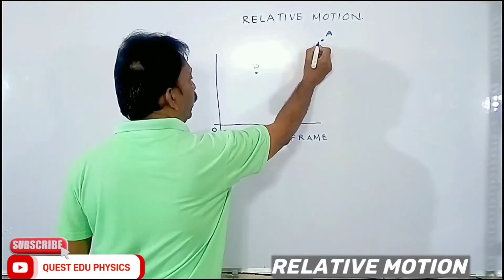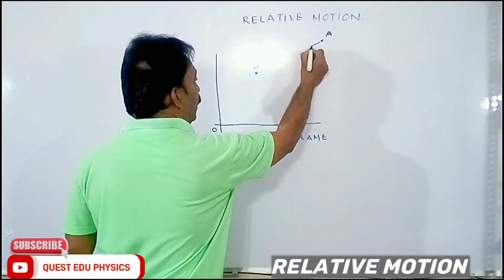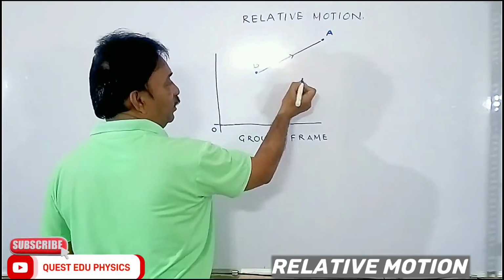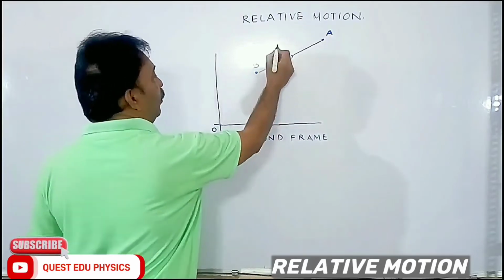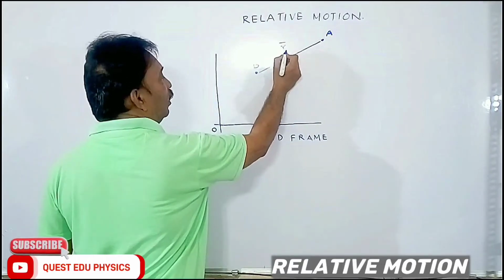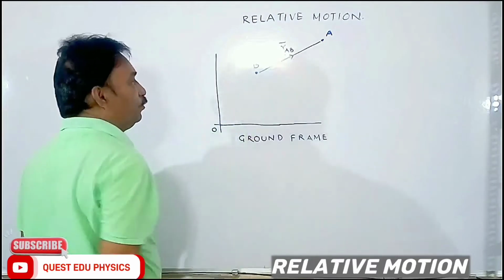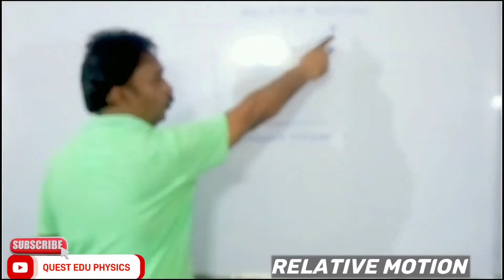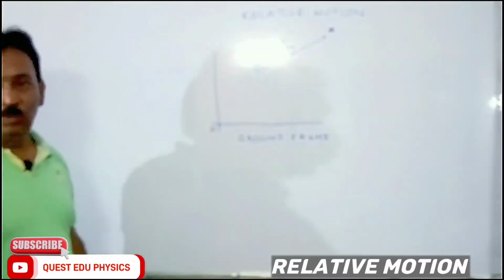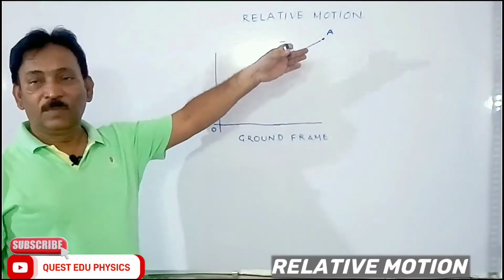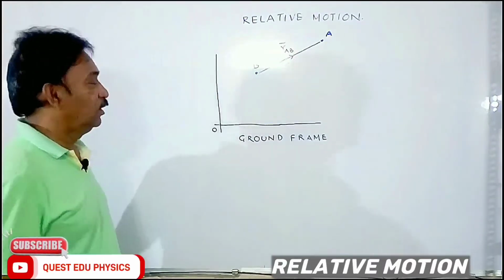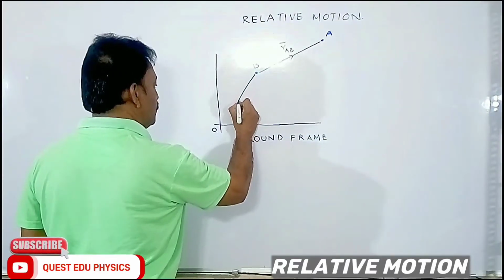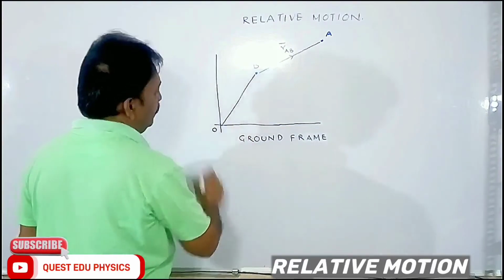Right now, I am connecting A and B with a position vector. I am writing it as R bar of AB. Here the motion of the aeroplane has been observed by the person in the balloon. In the same way, I am connecting the balloon to the ground.